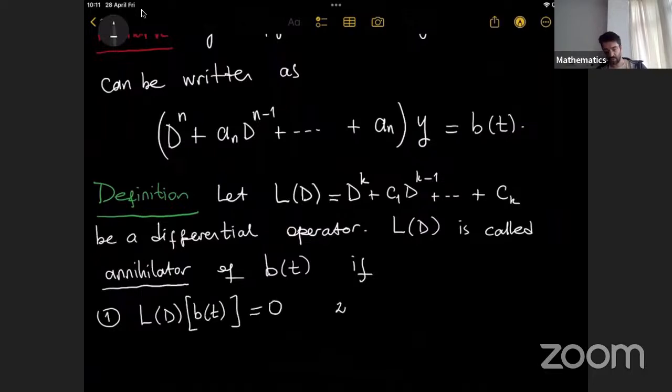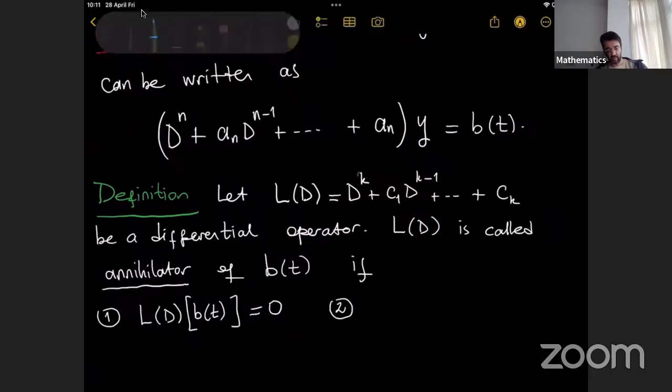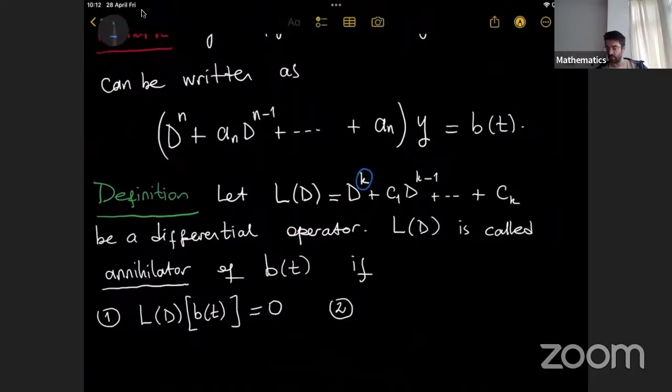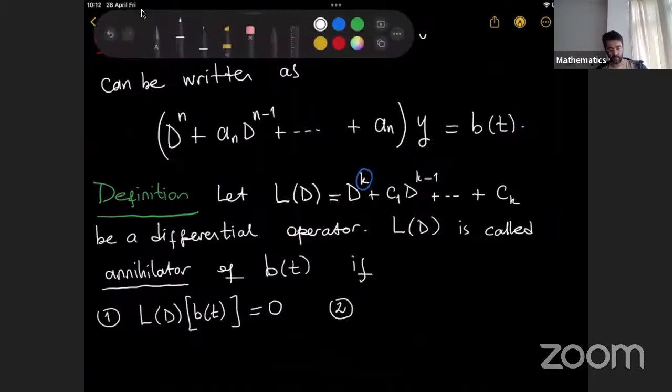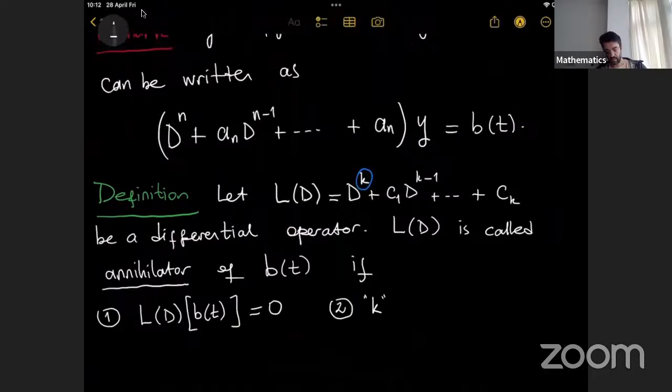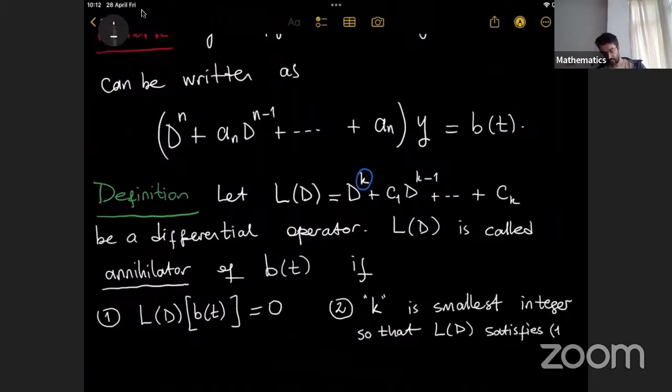Second condition, here the order k is the smallest integer so that L(D) satisfies the first property, number 1, okay?